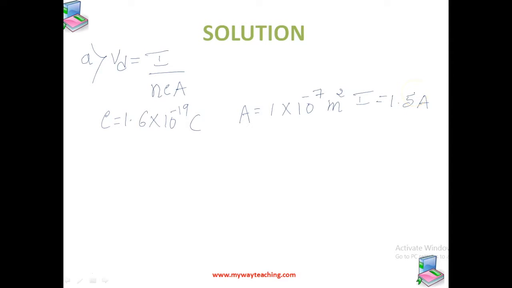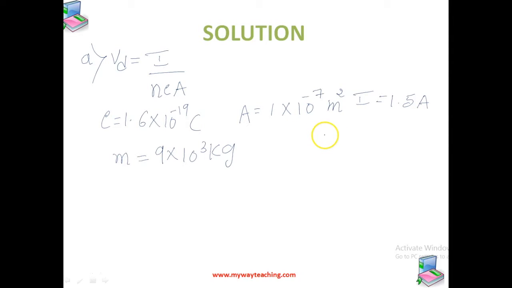The density of conduction electrons n is equal to the number of atoms per cubic meter. A cubic meter of copper has a mass of 9 x 10^3 kg.